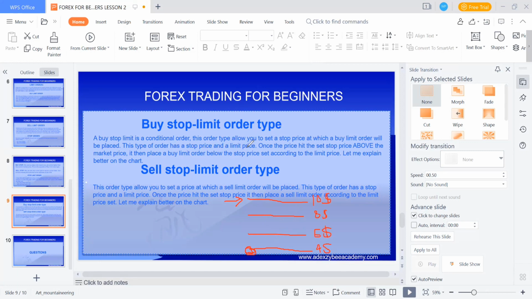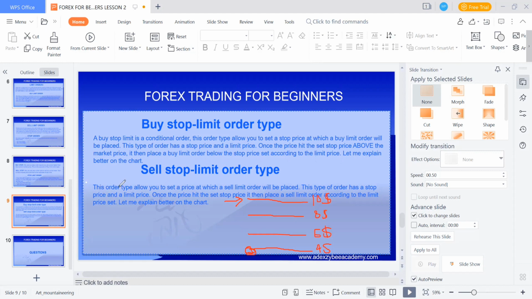You first put the stop price, which is a price higher than the current price, and a limit price, which is lower than the stop price you put. Once the price hits the set stop price above the market price, it then places a buy limit below the current price, set according to the limit price. Now we're explaining on MetaTrader.